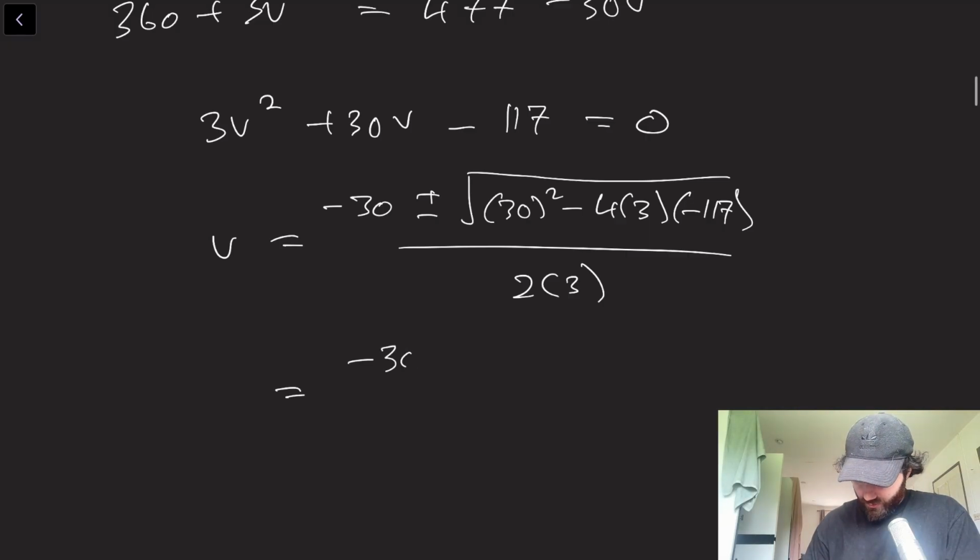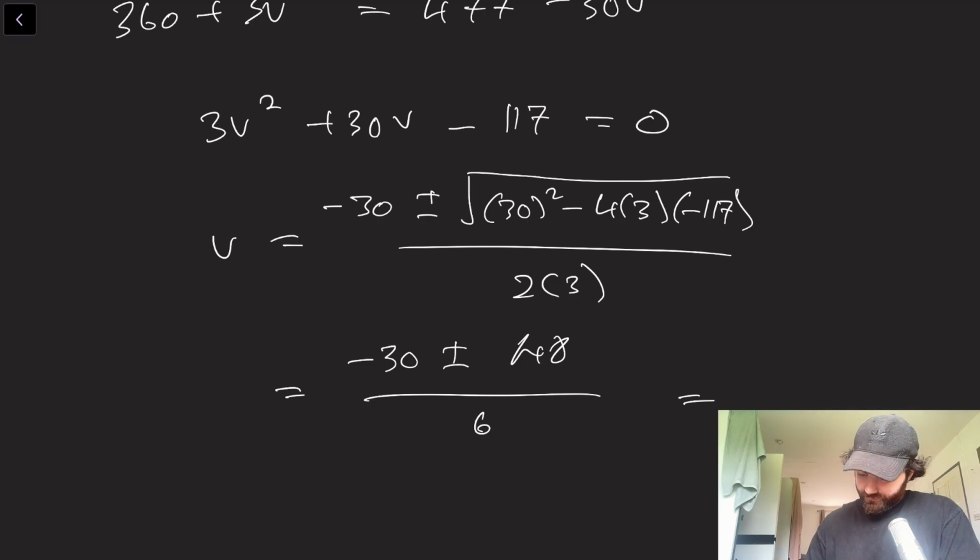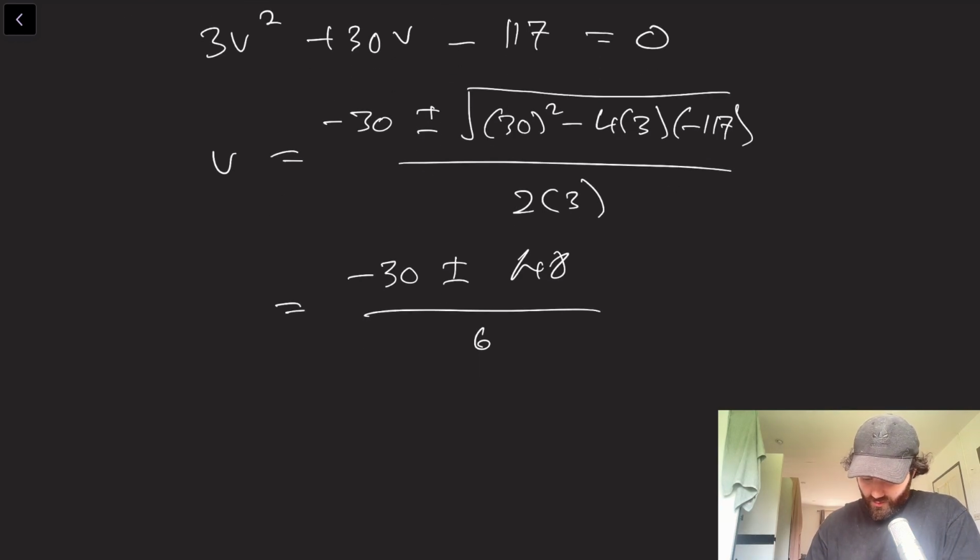So this gives us minus 30 plus or minus the square root of that, over 6. So we're gonna get v equals minus 30 minus 48 divided by 6, minus 13, or v equals minus 30 plus 48 divided by 6, which is 3.